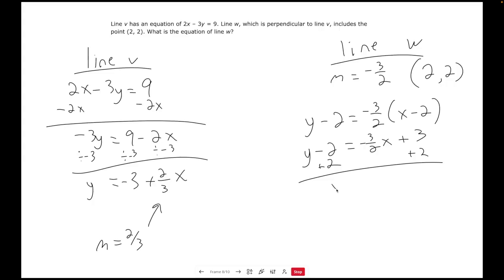Solving all the way down. Going fast here because, again, we should know how to do this at this point. And here is the final answer.